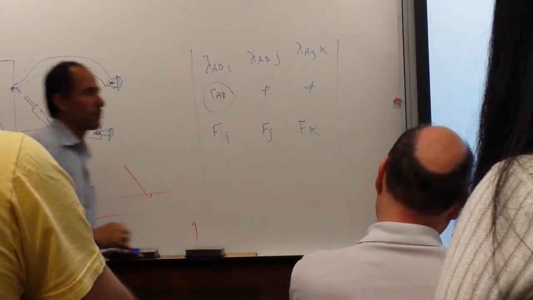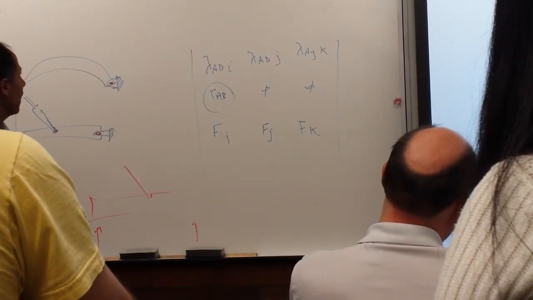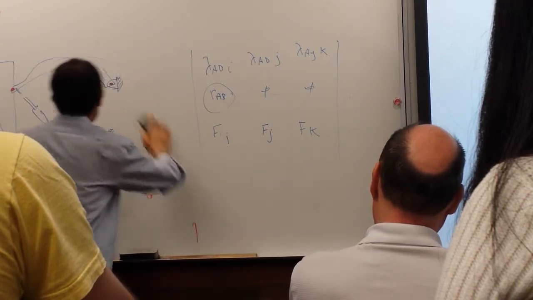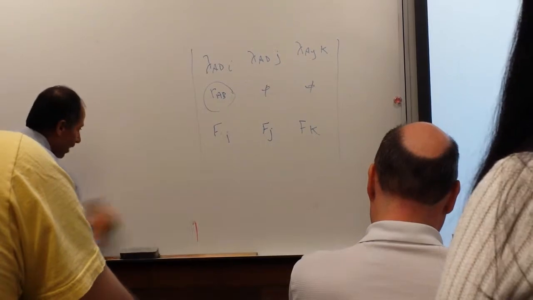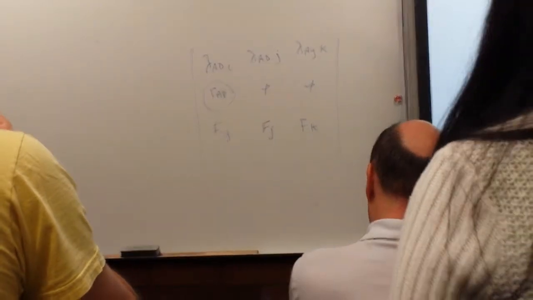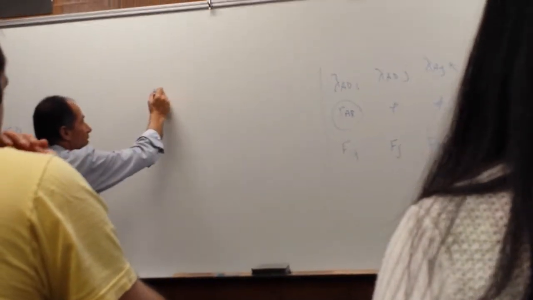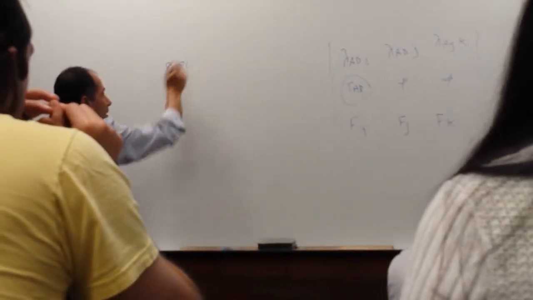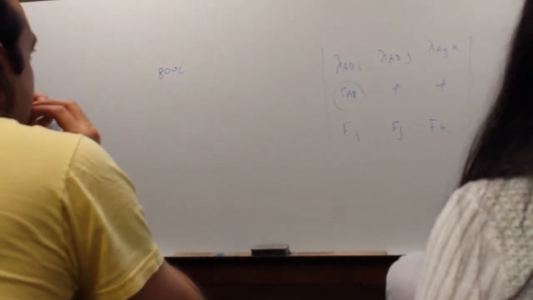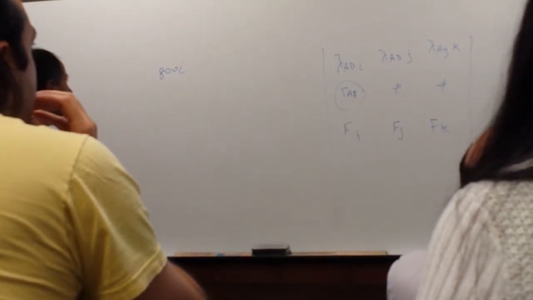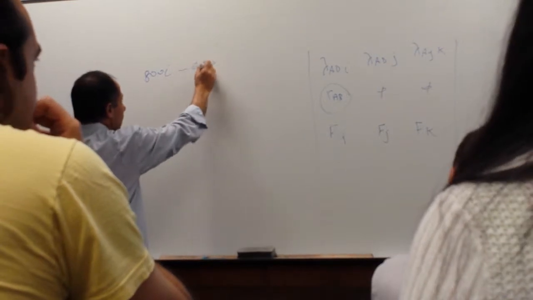In order to find lambda, let's start. Line AD goes from A to D on X, how much? 800. On Y, 0, correct? On J, negative 600.